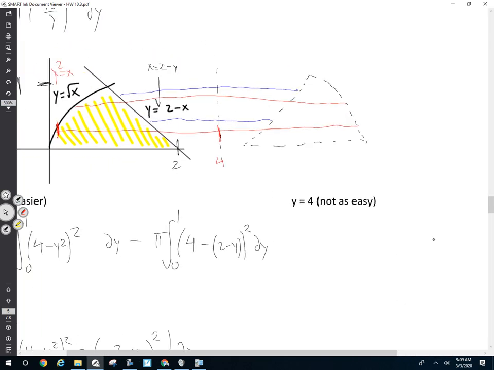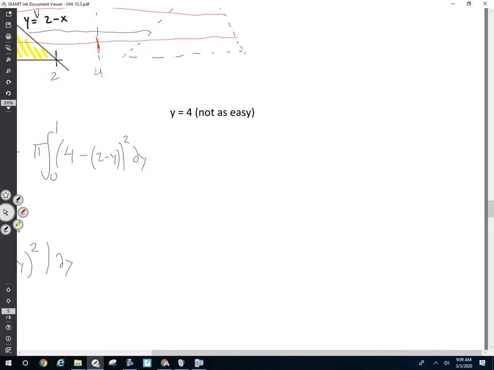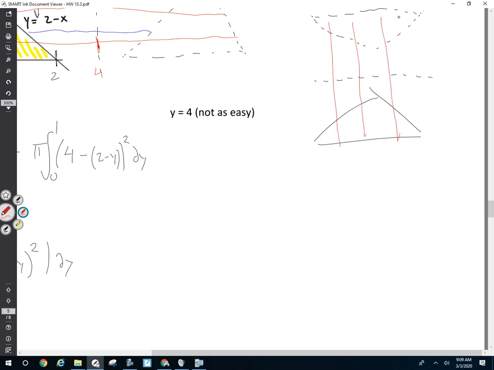Okay, y equals 4, not as easy. So I got the root x, the line, the x-axis, y equals 4 creates this rotated region. So I got an outside. The outside is consistently a radius of 4.